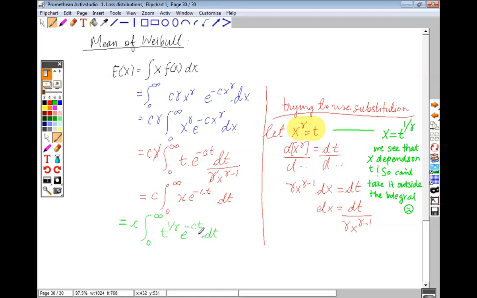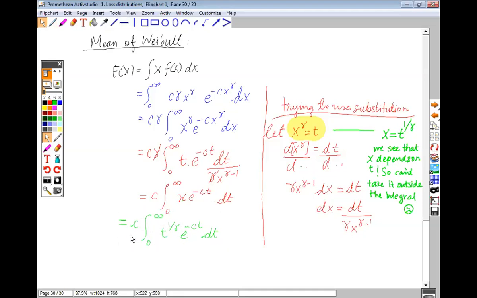For gamma distribution, it's on page number 12, right? So Vanshita, can you guide me through comparing this gamma distribution and this integral right here? Maybe we can, lambda would be t.